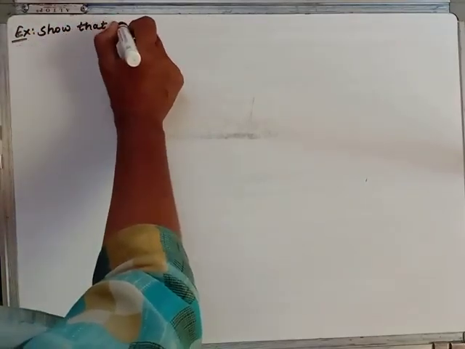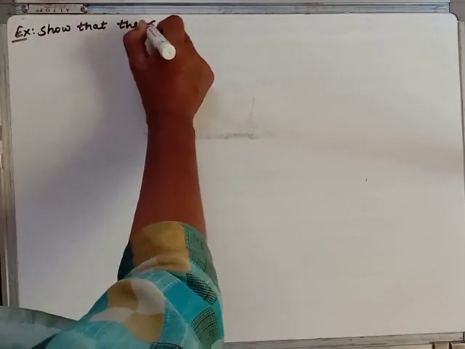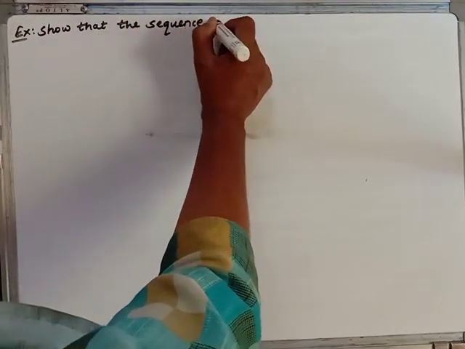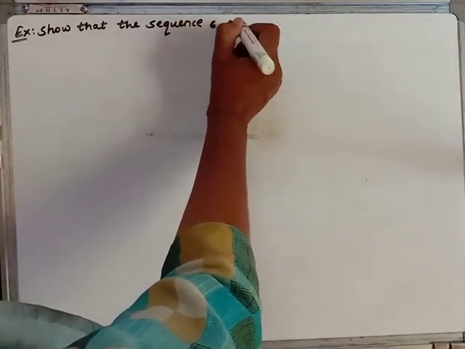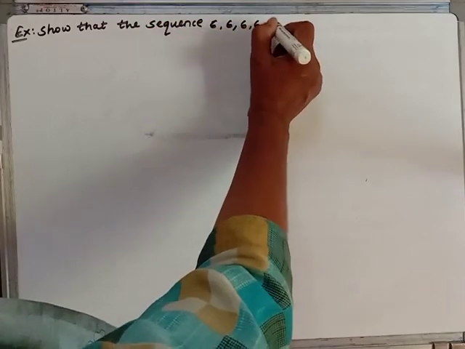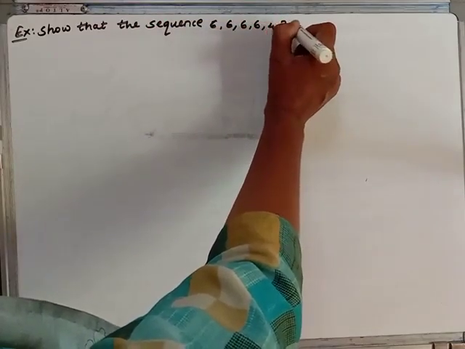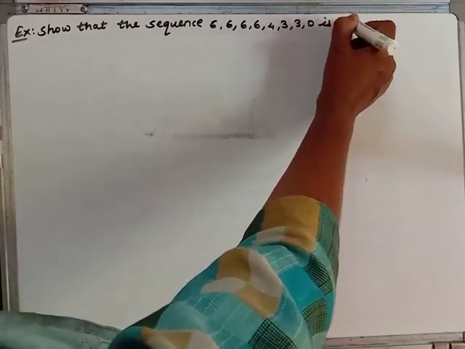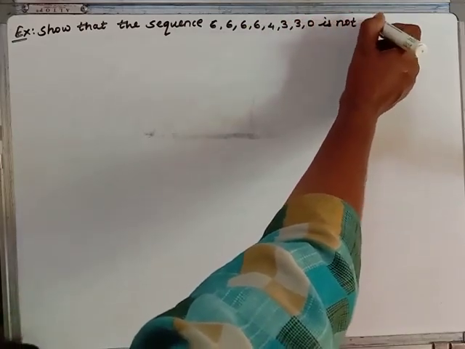Example. Show that the sequence 6, 6, 6, 6, 4, 3, 3, 0 is not graphical.